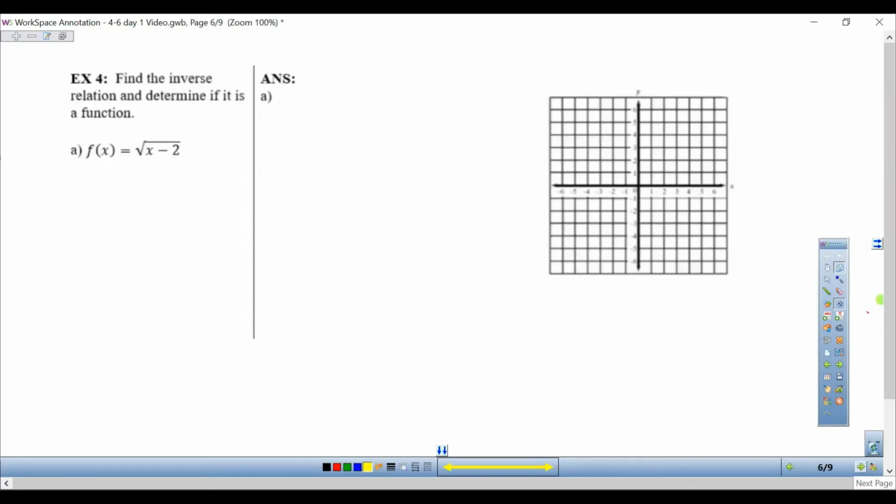So the next problem, I have f of x equals the square root of x minus 2. So if I think about that, that's a square root function. Remember, a square root function looks like this. So when I do a square root function, I need to think about it as a times the square root of x minus h plus k.